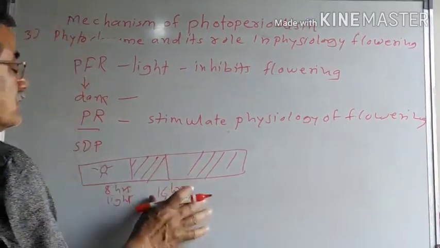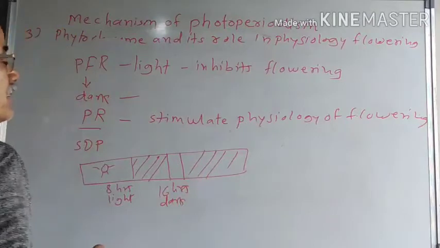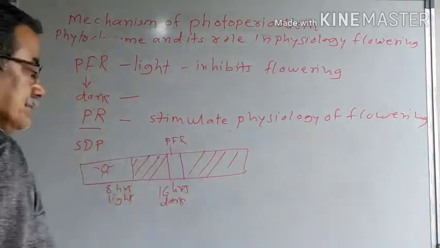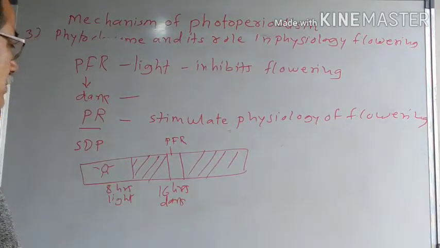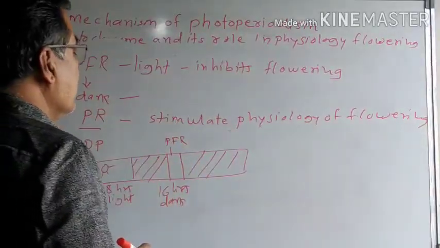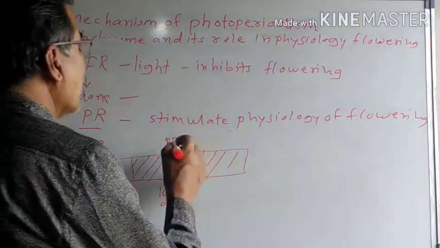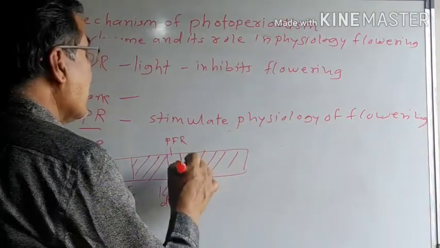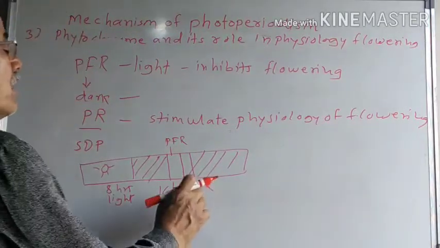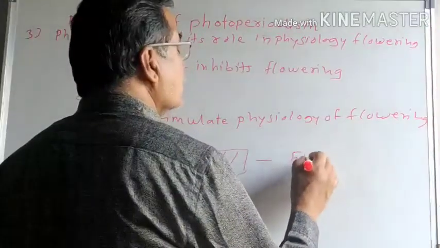If this 16 hour dark period is interrupted by a flash of phytochrome far red pigment in the dark period, the PFR form is produced, and it is again immediately exposed to red light, converting it back to the PR form. Then these plants go on to flower.